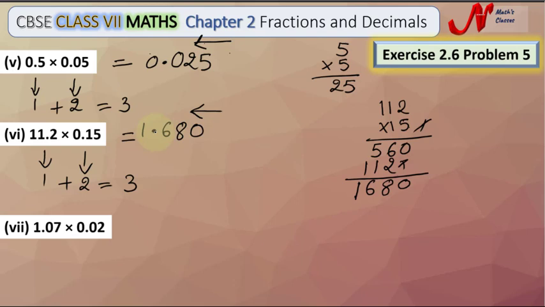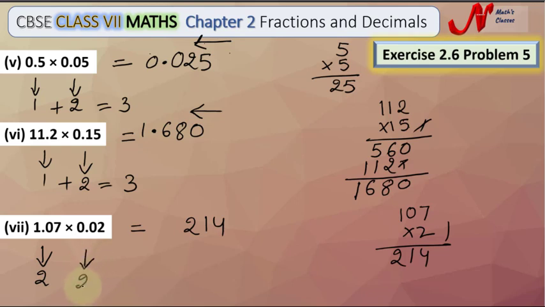So next we find 1.07 into 0.02. To find this one we multiply 107 with 2. 2 7s are 14. 2 into 0 is 0, plus 1 is 1. 2 into 1 is 2. We get 214 as the product. So in 1.07 we have 2 digits after the decimal point.